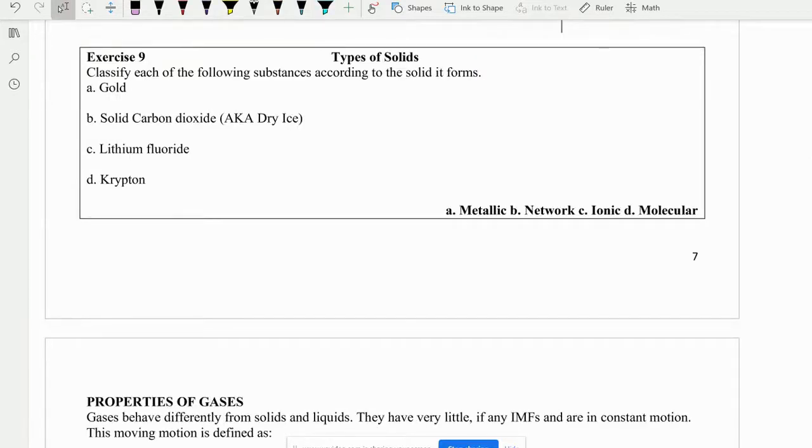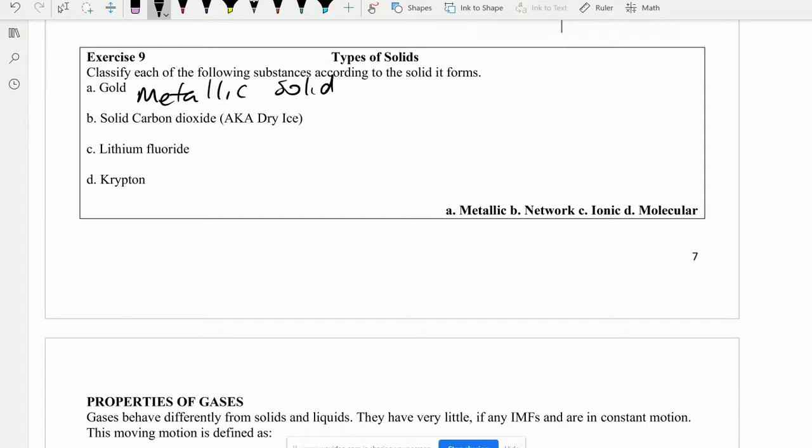All right, exercise 9, really quick. Let's go ahead and define each as either a metallic, ionic, network, or molecular solid. It's asking us to classify each of the following substances according to the type of solid it forms. And we just learned about 4 of them. So gold, pure gold, easy. That would be a metallic solid.